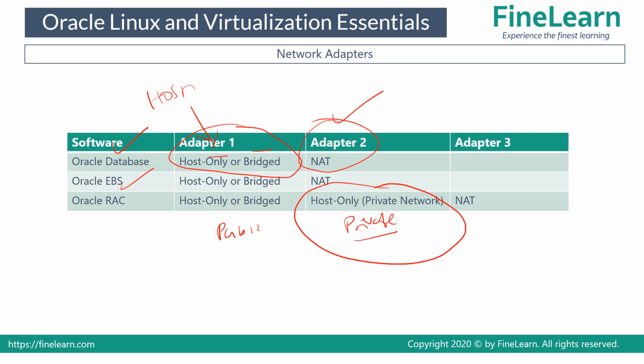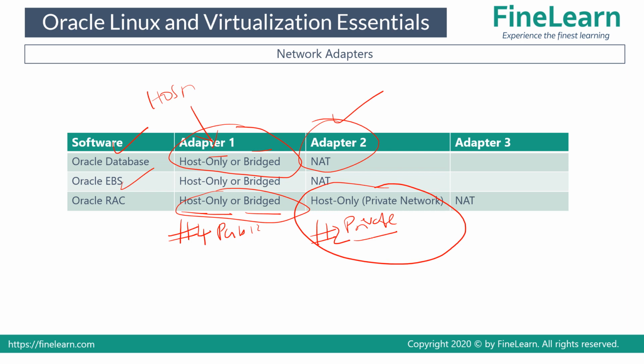And for the public network, you can use either host only or bridge adapter. But in the case of RAC, the interfaces you use for public and private should be different. Let's say I'm using host only network adapter #4 for the public network, then use host only network adapter #2, for example, for private, so that they do not communicate with each other.